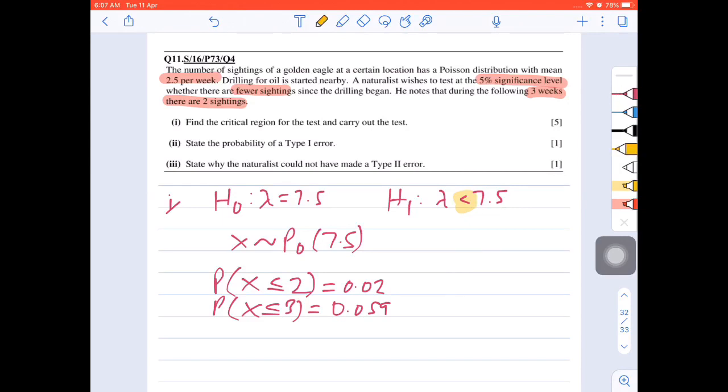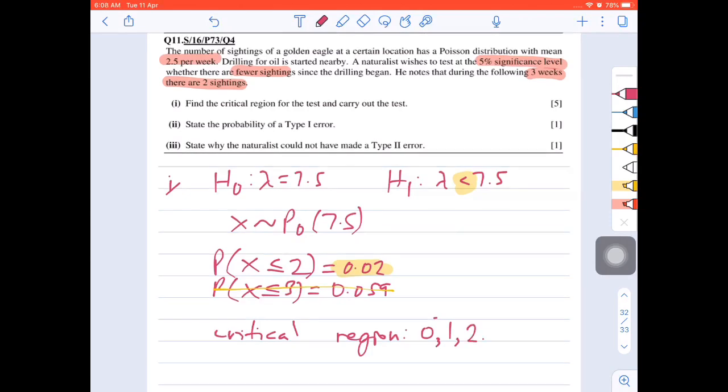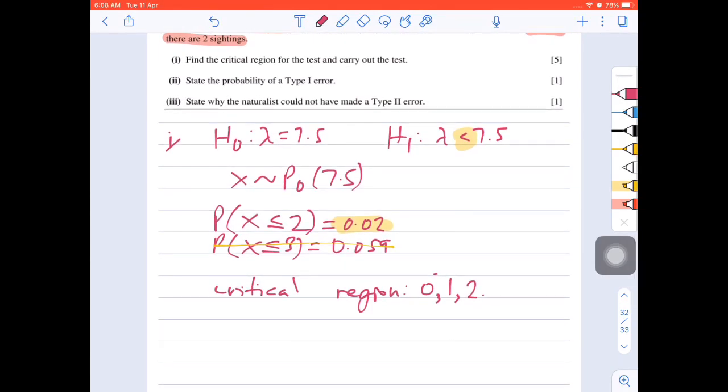Since this is more than 0.05, this will be rejected, and this will be the right critical region. So the critical region is 0, 1, 2.